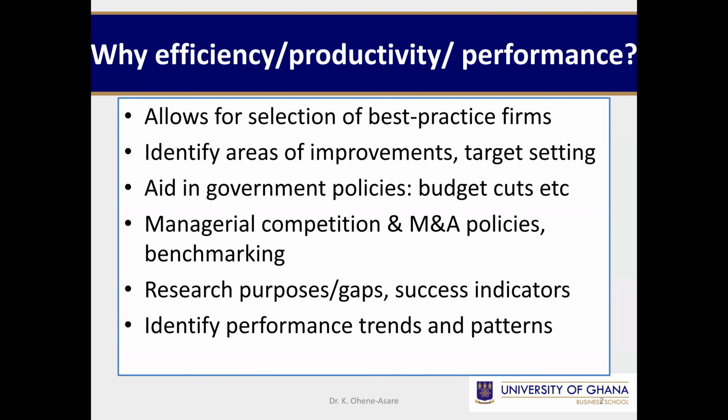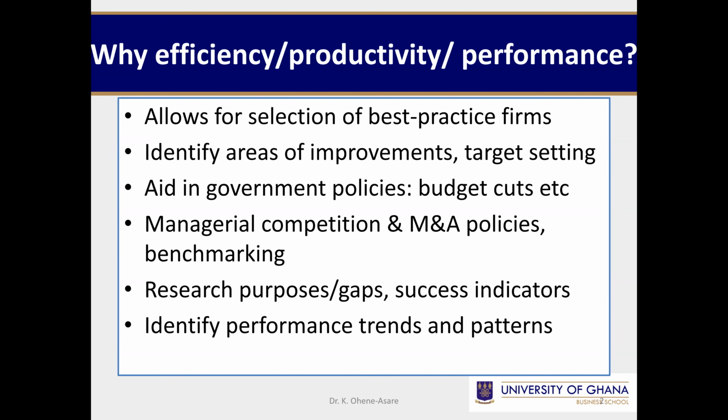So you get the champions of the industry, the champions of the insurance industry, the champions of the oil and gas industry, the champions of the banking industry, the champion of the electricity industry, the champions of the accounting firms industry, the champions of the restaurants, the champions of the hotels. Who are the champions? Efficiency and productivity analysis help you to do that.